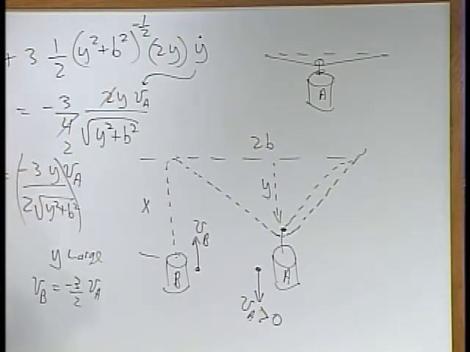And you imagine a motion here. Well, your coefficient is going to approach negative 3 over 2b, as y gets really small, going to 0.